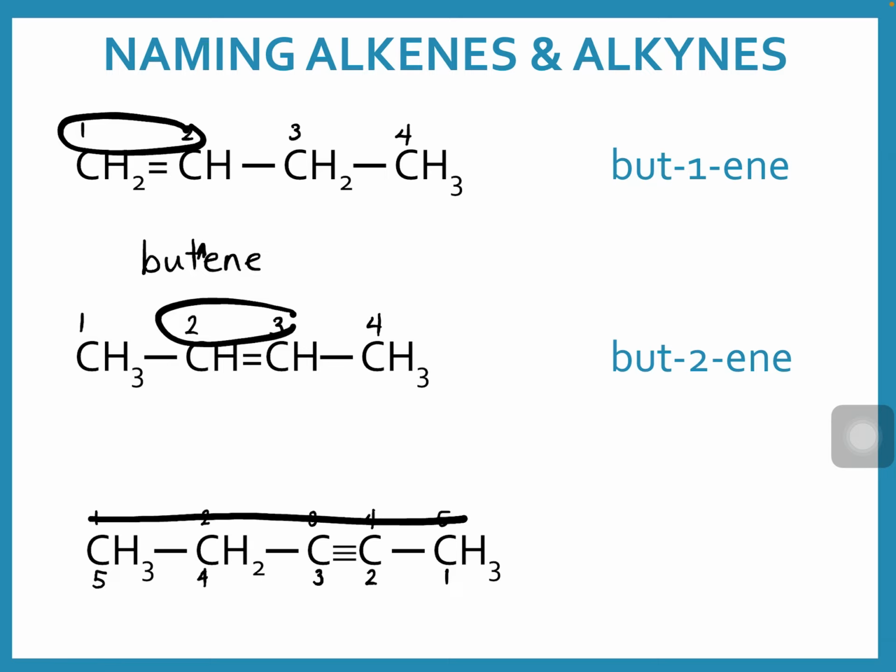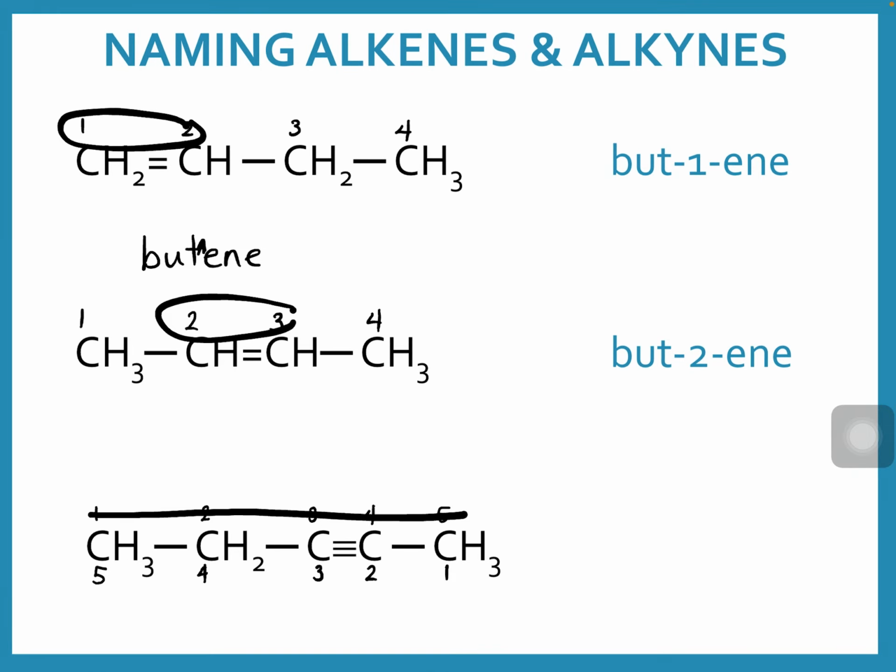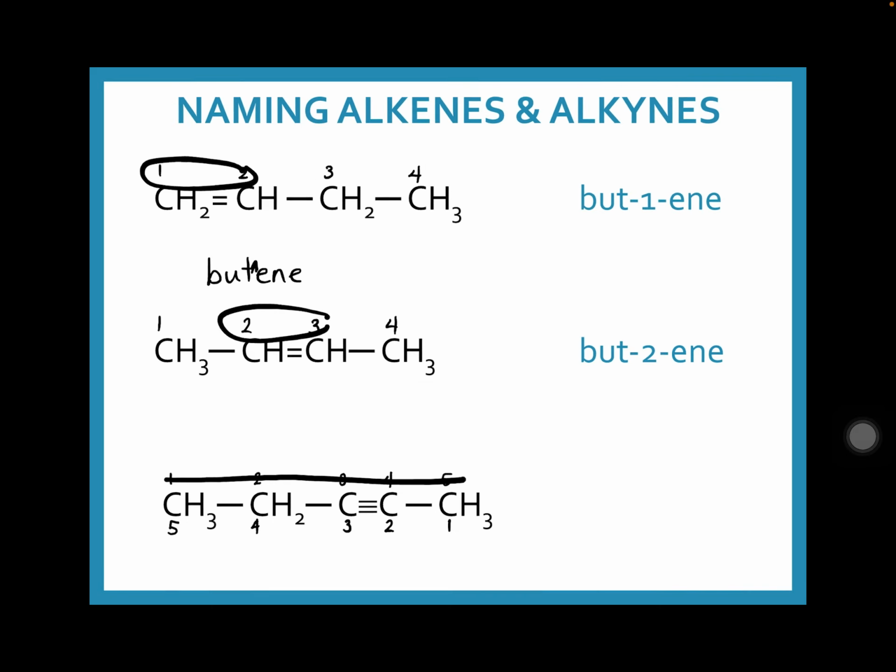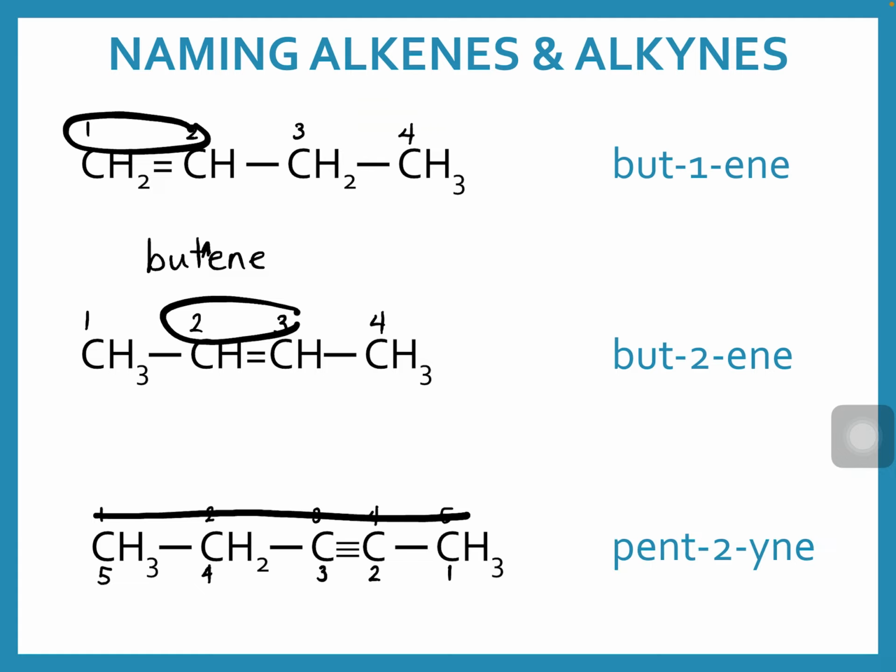So we're going to start from the right side, and that puts the triple bond off the second carbon, between the second and the third. And so that is going to be pent-2-yne, 2 for off the second carbon, and then yne because it's a triple bond. There we go. Pent-2-yne.